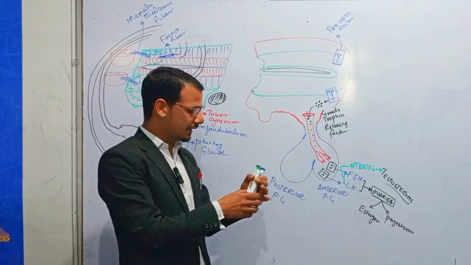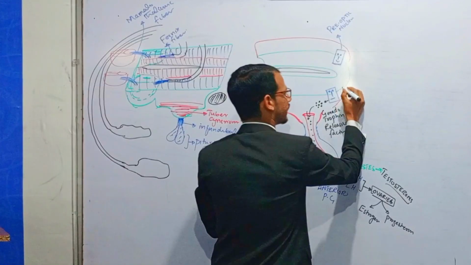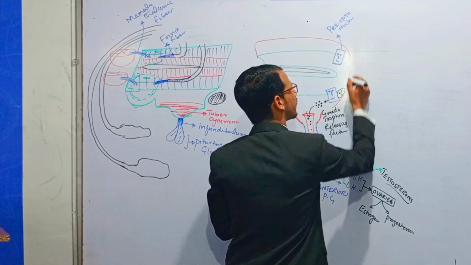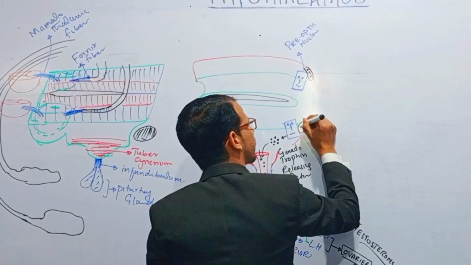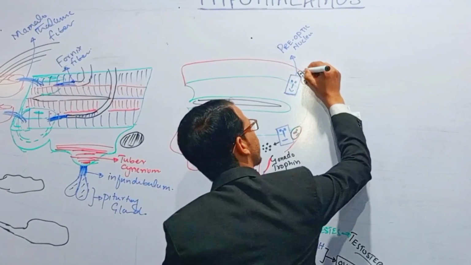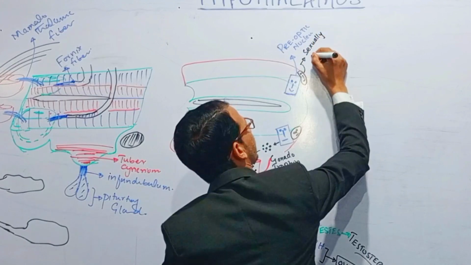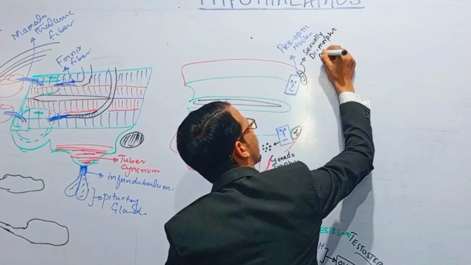There is one other nucleus present here on the lateral side, and this nucleus is called the sexually dimorphic nuclei.